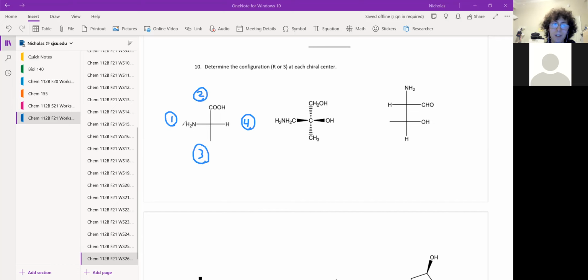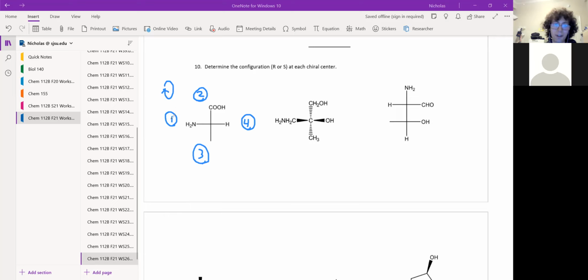So the amine got number 1 because nitrogen has the highest atomic number. And then the carboxylic acid got 2 because there's oxygens here, which have a higher atomic number than no oxygens on the bottom. So that's why the methyl group was number 3. So then if you draw an arrow from 1 to 2 to 3, it looks like this. It's going clockwise. So what's the stereochemistry here?